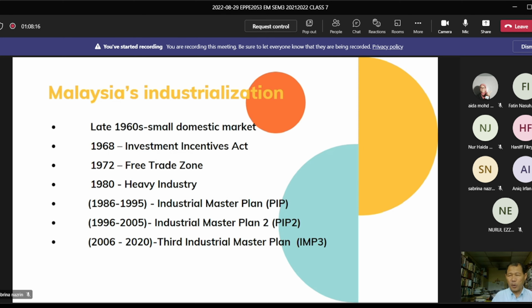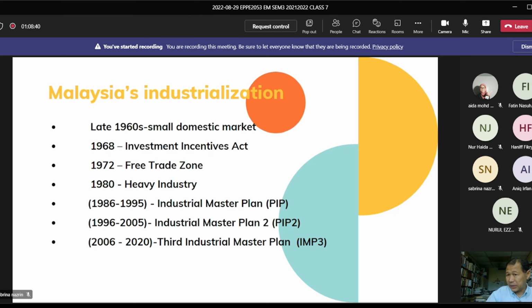PIA, Promotion of Investment Act, and that 86 signaled the move in terms of policy from import substitution to export promotion. So from inward looking to outward looking.